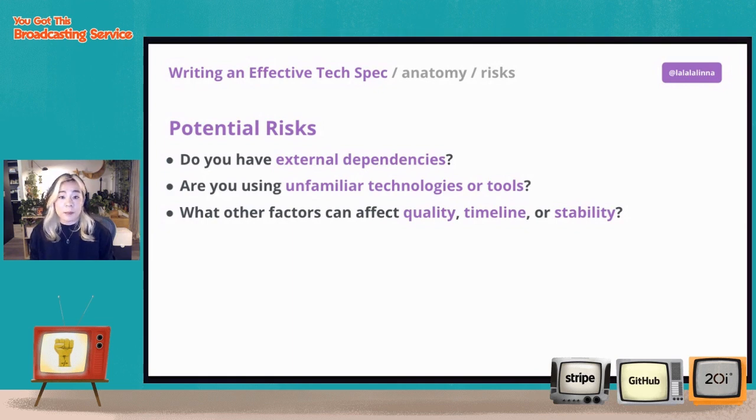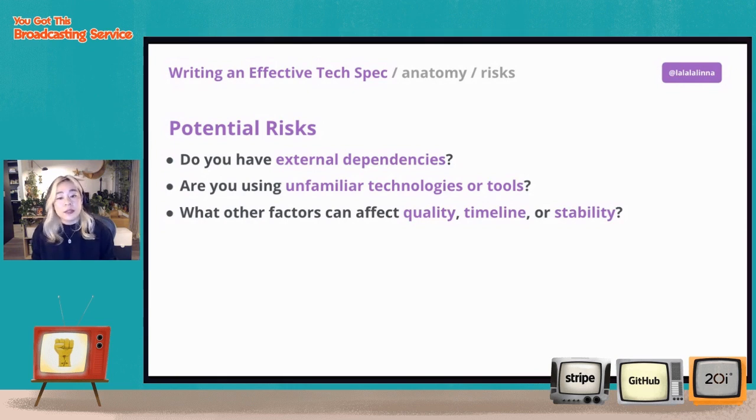For example, are you depending on another team's work that isn't deployed yet or is still in development? Do you know who to contact about that? I think it's really important to add the status of it as well so that you can remind yourself to check in and also to reach out to them so that you're on their radar and they may prioritize things a little higher, or if you can get them to prioritize it, that would be great.